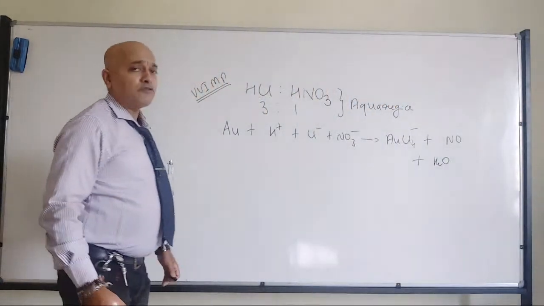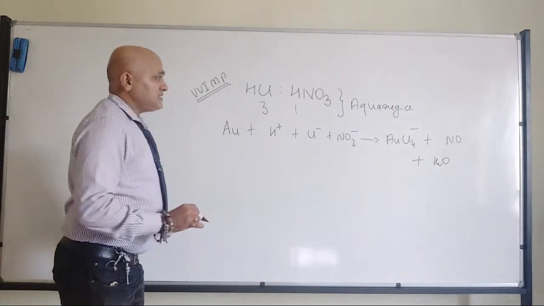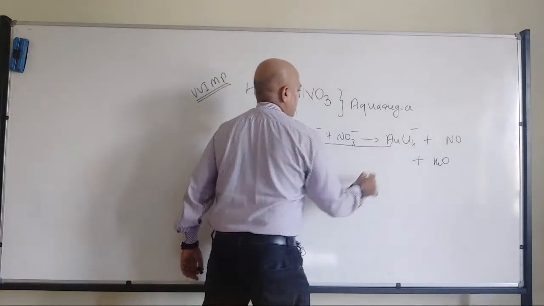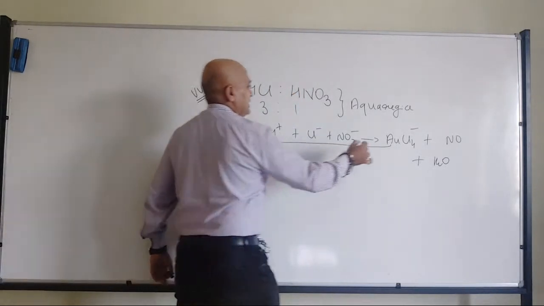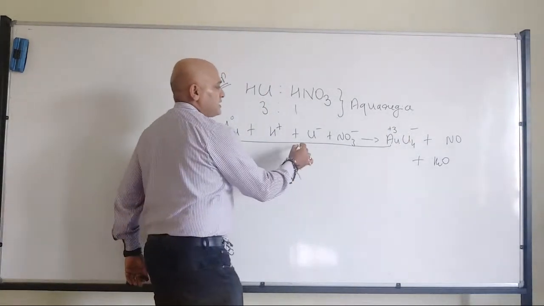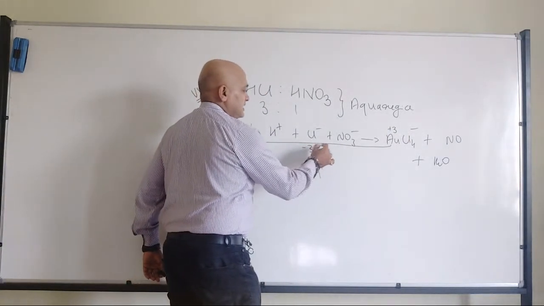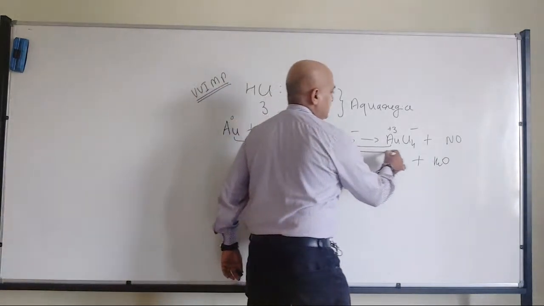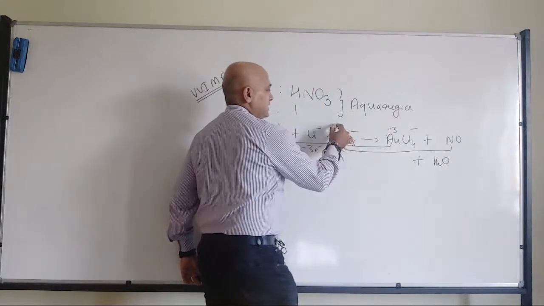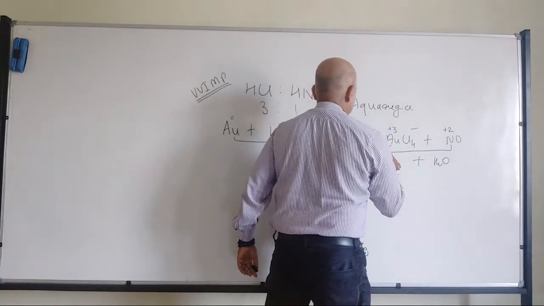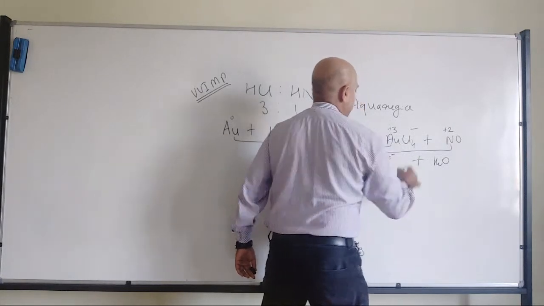Now to balance this equation, we will use the redox method. Au goes from 0 to plus 3, so it is losing 3 electrons. Nitrate becoming nitric oxide means from plus 5 to plus 2, so it is gaining 3 electrons.